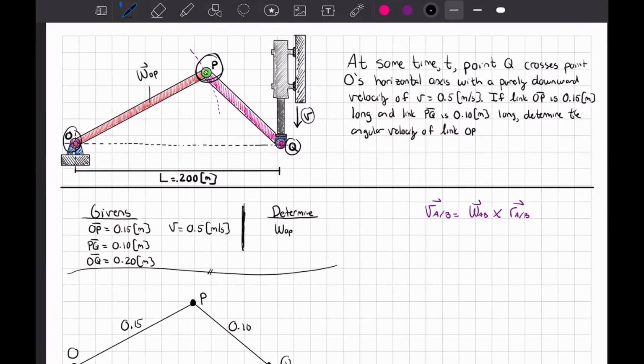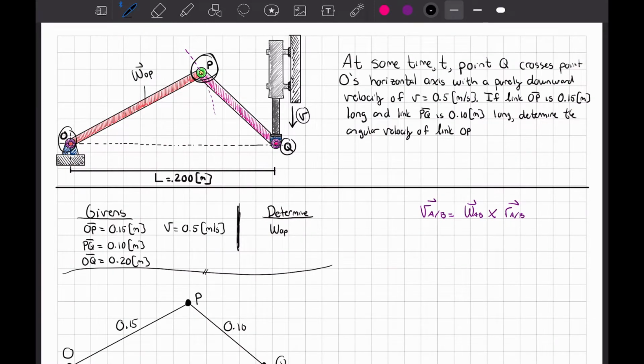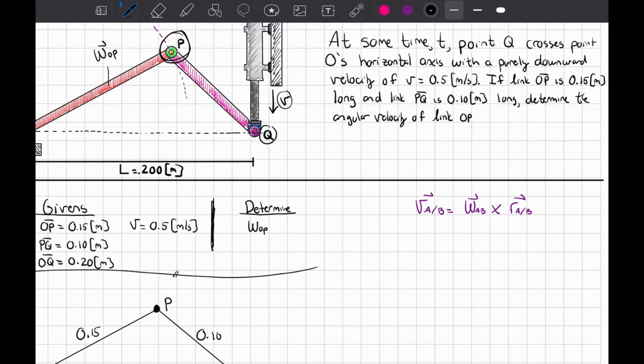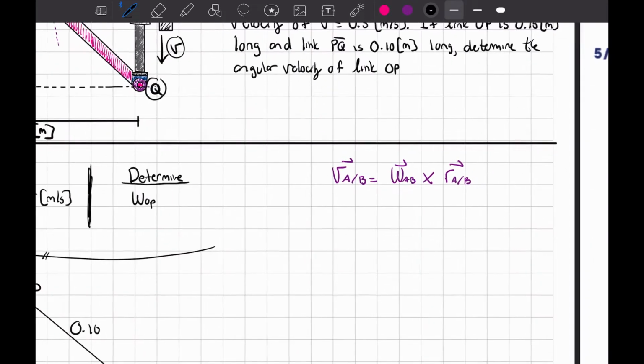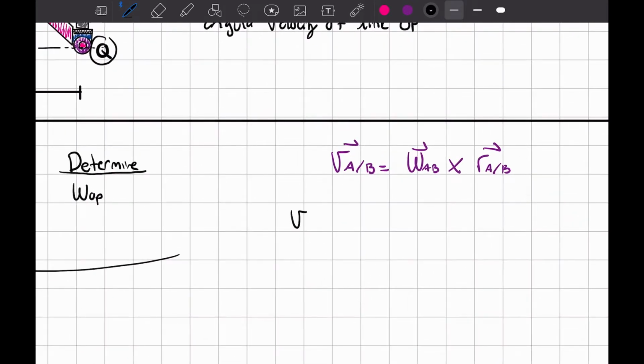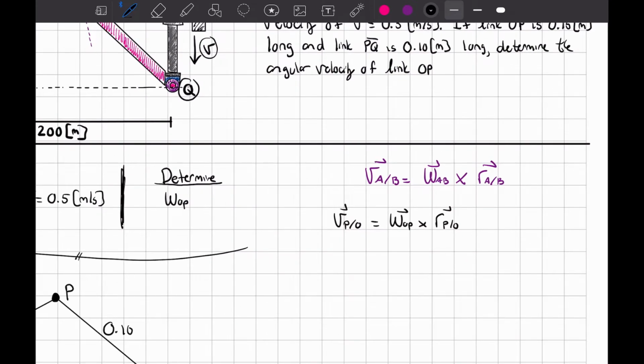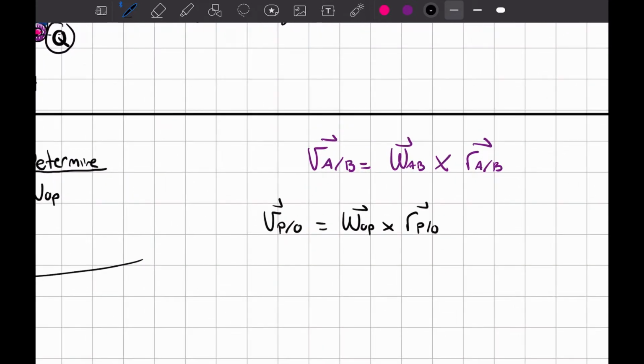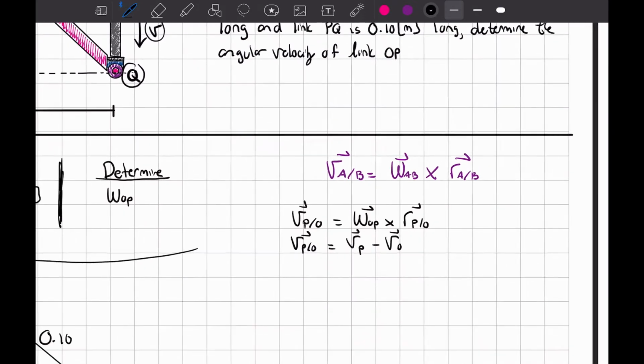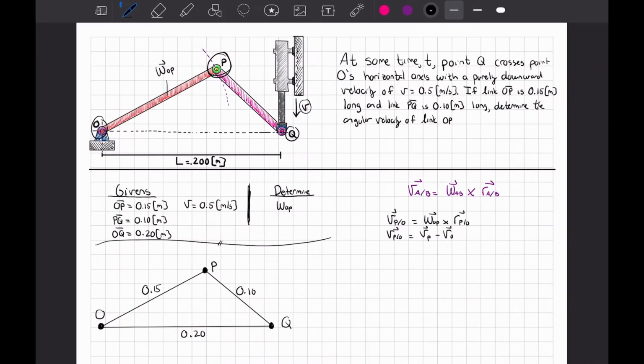And so because we have this relative velocity relationship, we can say the velocity of point P with respect to O is going to be equal to omega OP cross r P with respect to O. And similarly, we also know that V P with respect to O is just going to be equal to V P minus V O. And that's just pure relative velocity.